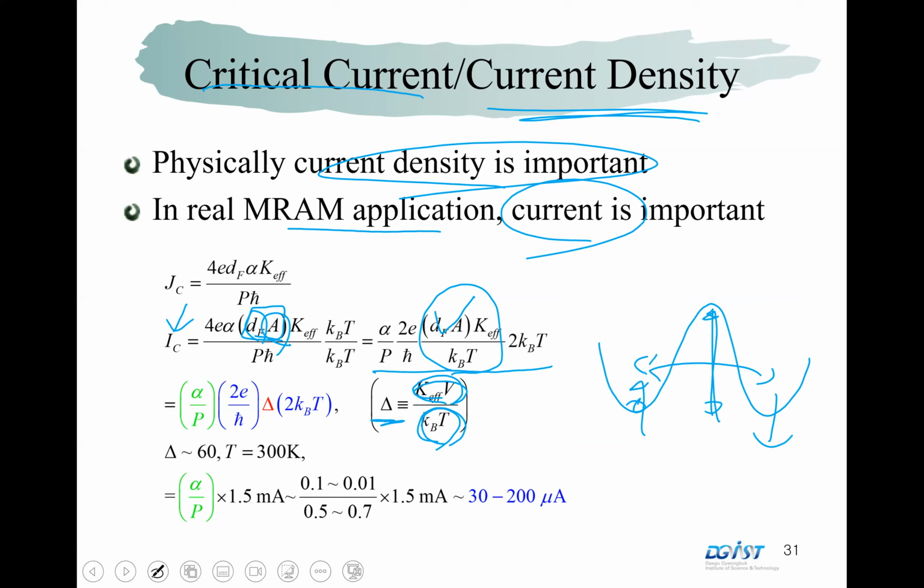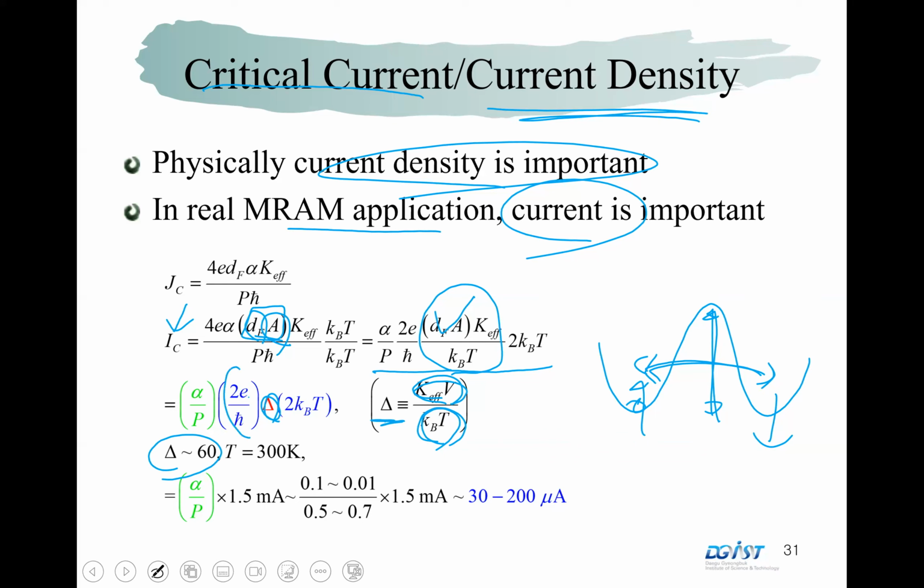The switching probability by thermal energy is exponentially dependent on delta. So the data storage industry requires a certain value of delta, about 60 for a 10-year data retention guarantee. It depends on the details, but usually 30, 40, or 60 is required to satisfy data stability. So this is a kind of fixed number.